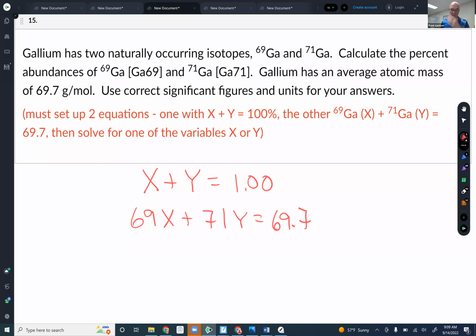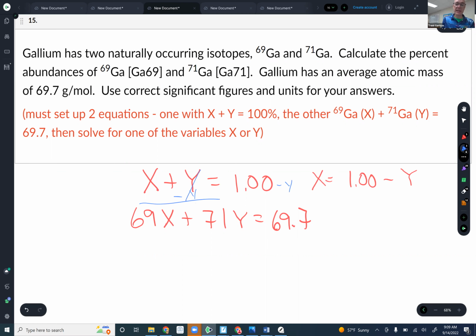It's a system of equations, so we have to substitute one in terms of the other. I'm going to solve for x on the first equation. x is equal to 1.00 minus y. All I did was subtract y from both sides, so that cancels out and now I have 1 minus y.